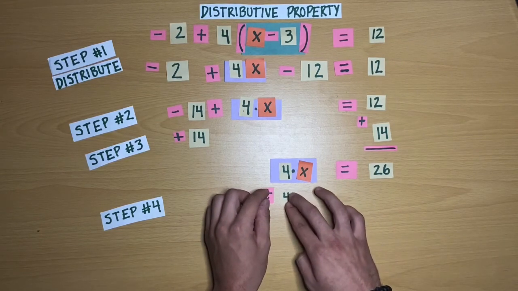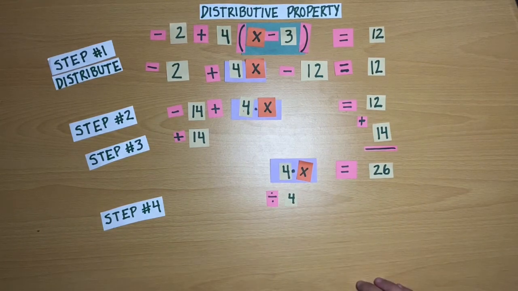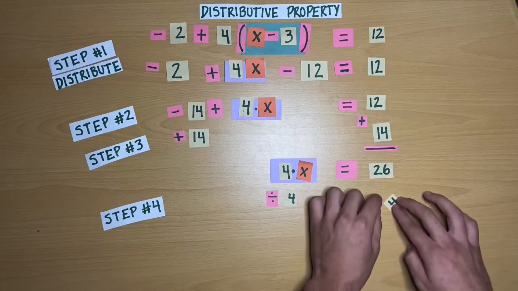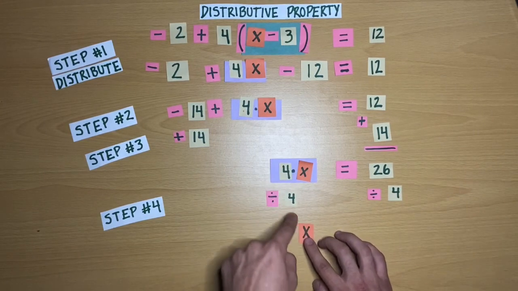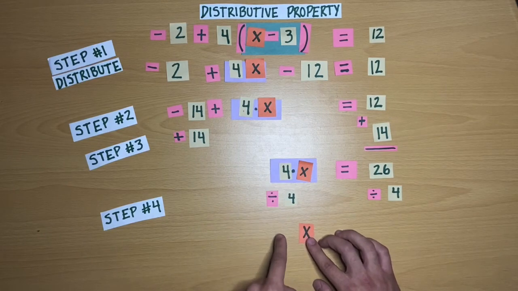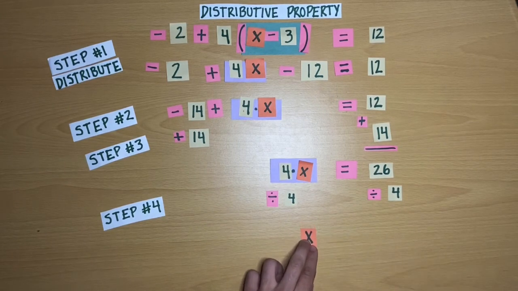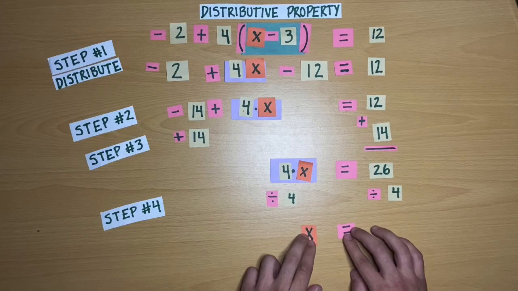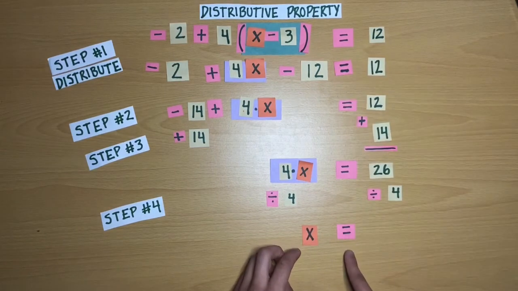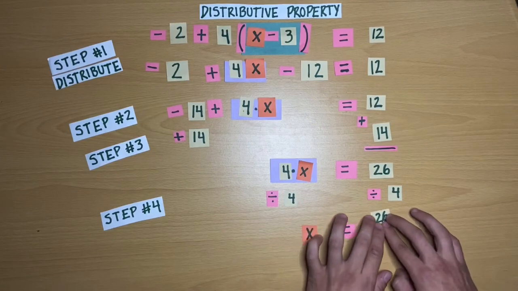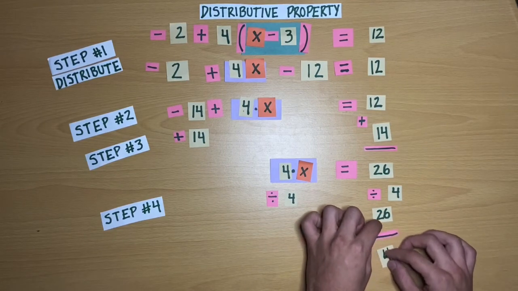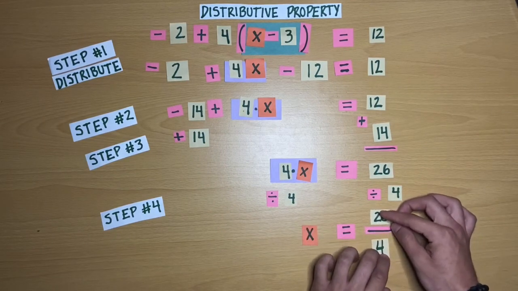So now we divide both sides by 4. And since we divided by 4 over here to get x by itself, because 4 divided by 4 is 1, 1x is the same as x, we get x equals 26 over 4. And so that's just a fraction, which is 26 over 4.